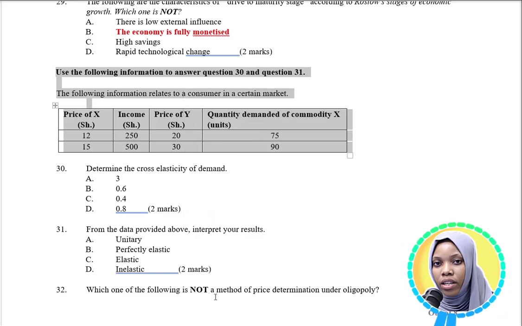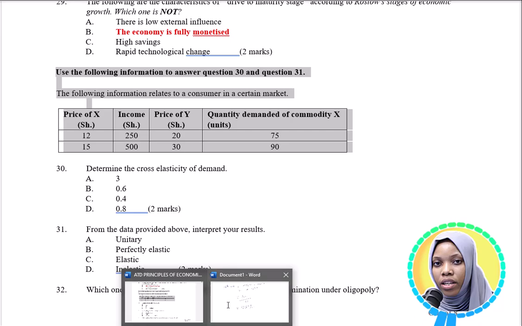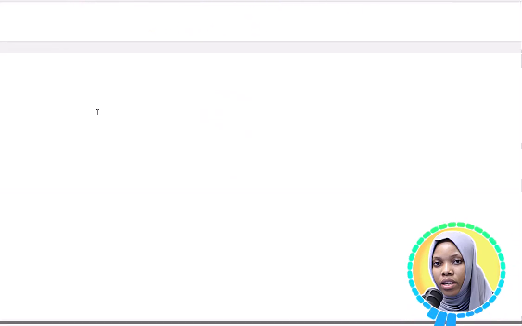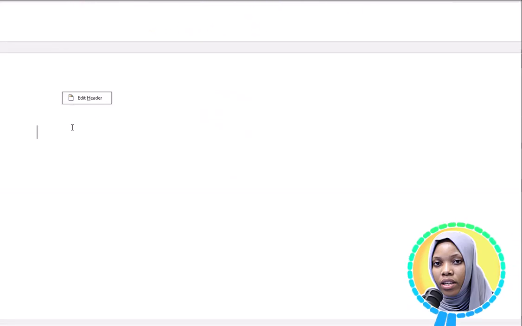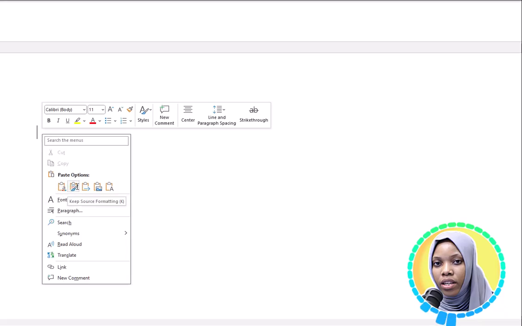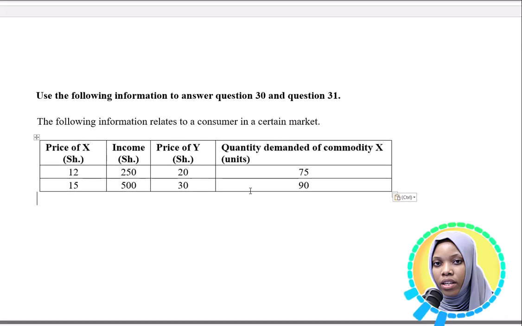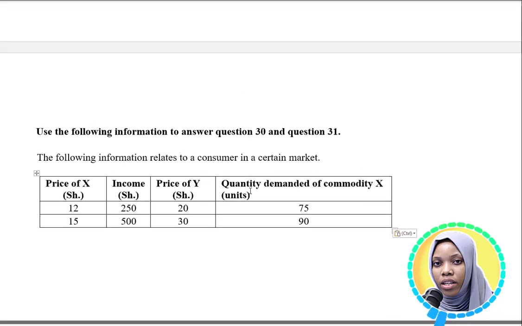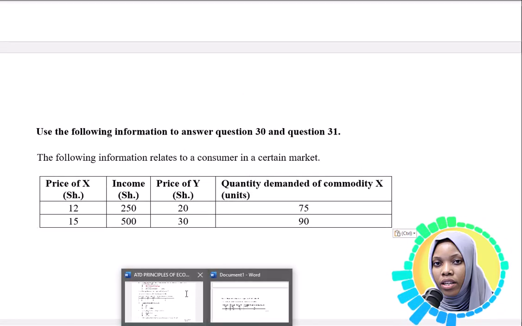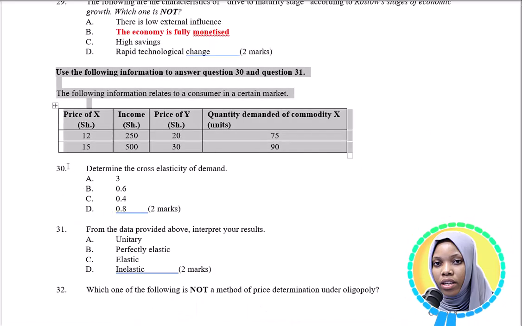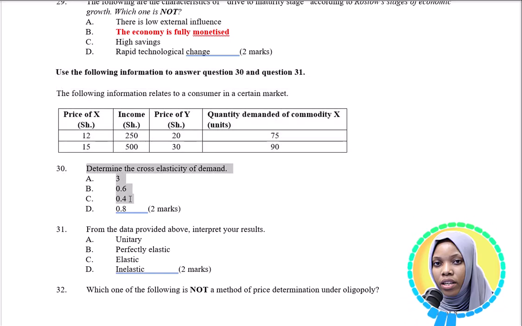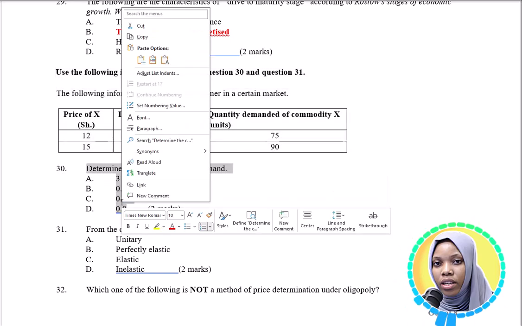Okay, let's try and copy this in another sheet so that we can solve it. Let's copy it here. Okay, that was well copied. Let's copy question 30: determine the cross elasticity of demand.